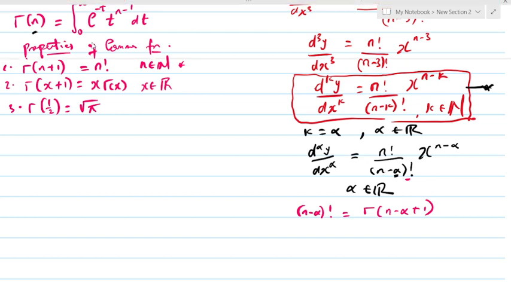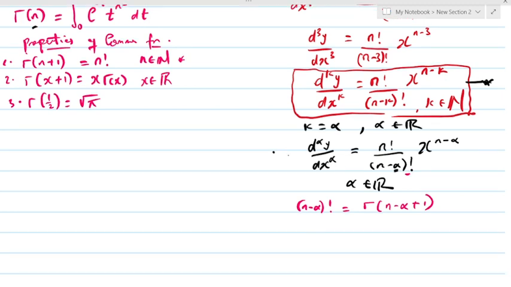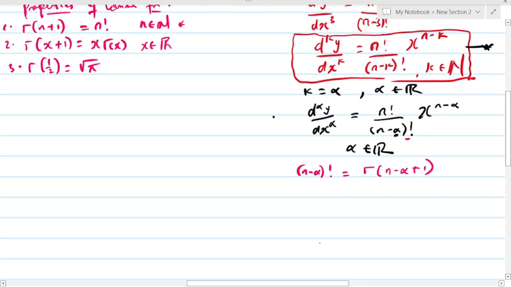Then we have an equation we can use in order to find the fractional derivatives in calculus. We will try to implement this formula in our next class.